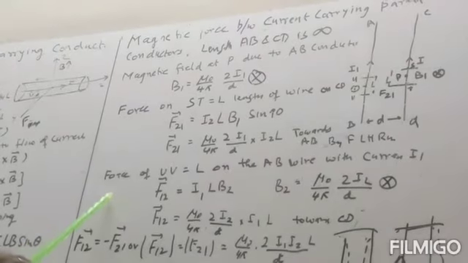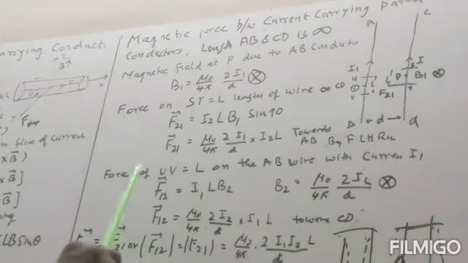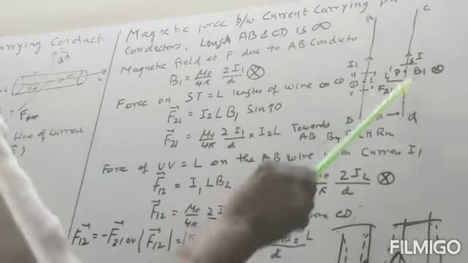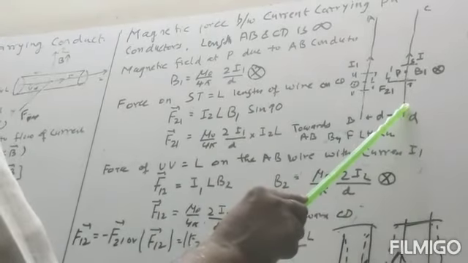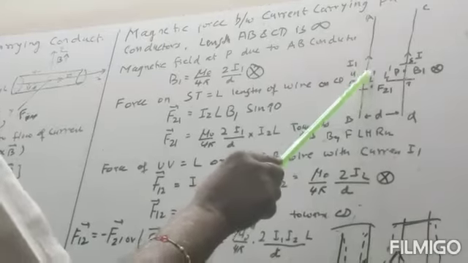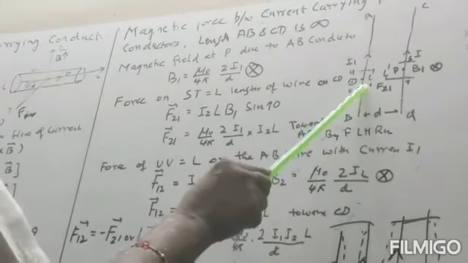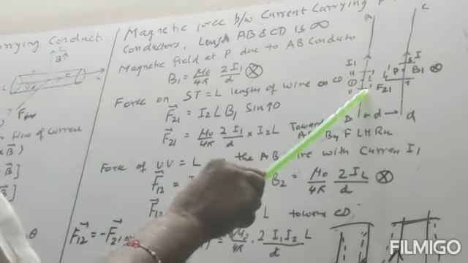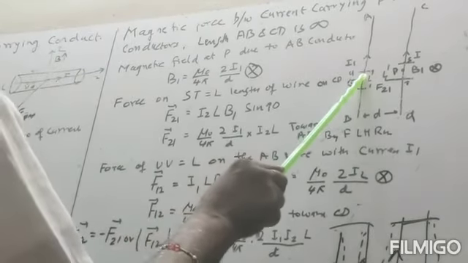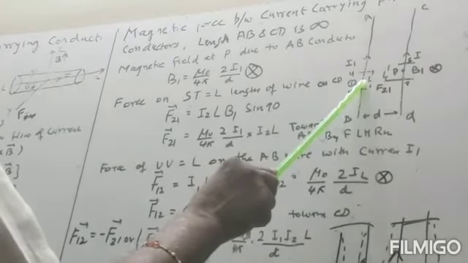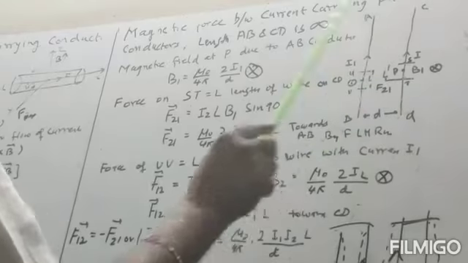Now, if we want to find the force on the wire AB due to the current I2 passing in CD, we take a small element, small l, of the length between U and V. Now what will be the force here? We have to find the force on this due to this magnetic field.